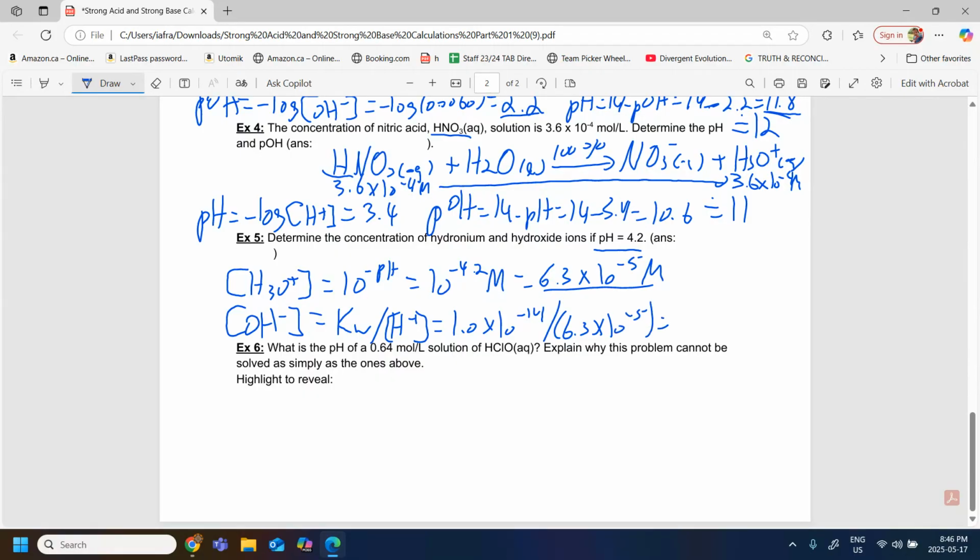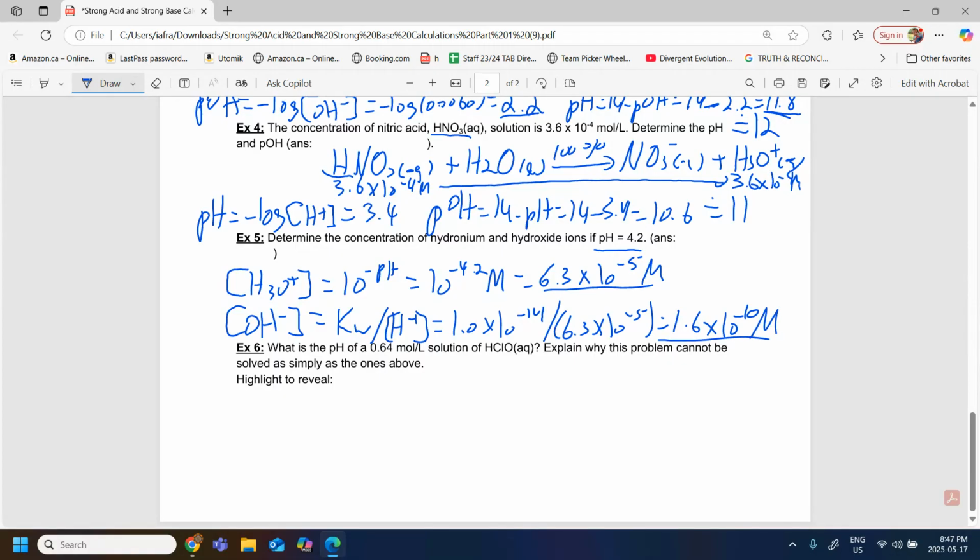So let's do 1 times 10 to the negative 14 divided by that answer, and you get about 1.6 times 10 to the negative 10. And so this is our concentration, so it's molar.